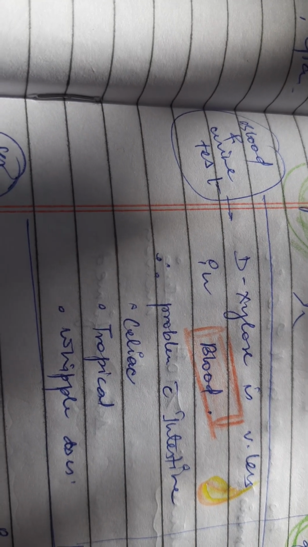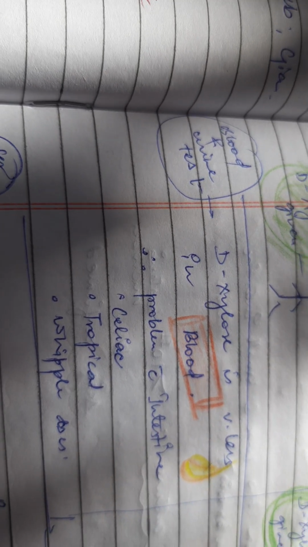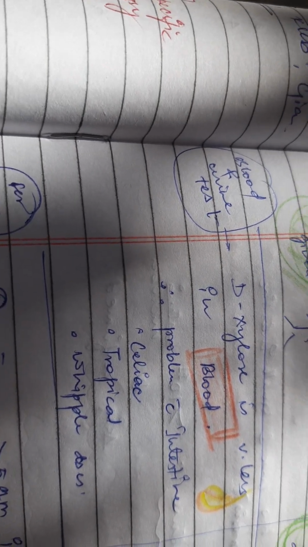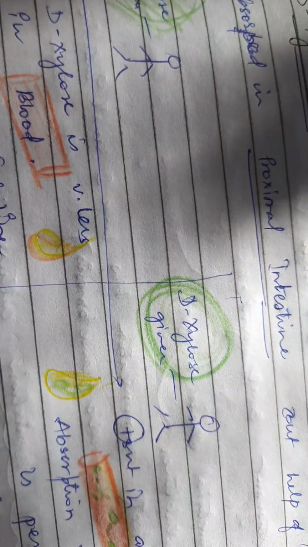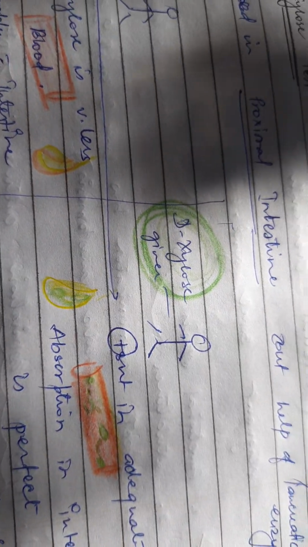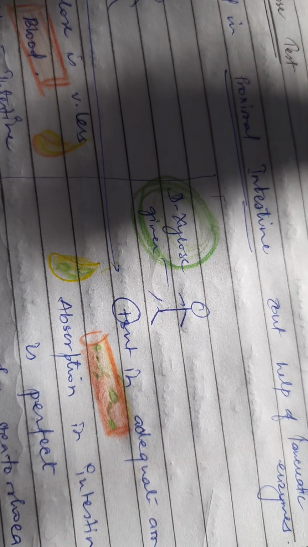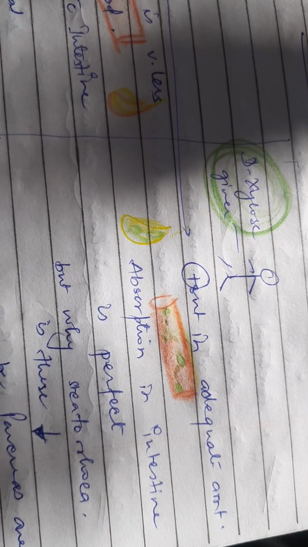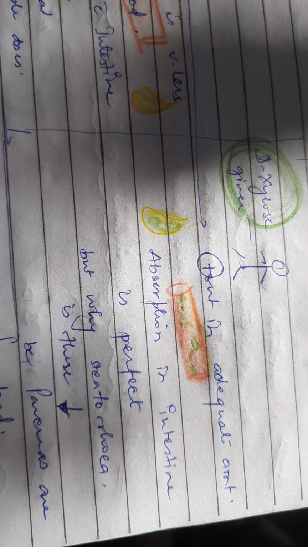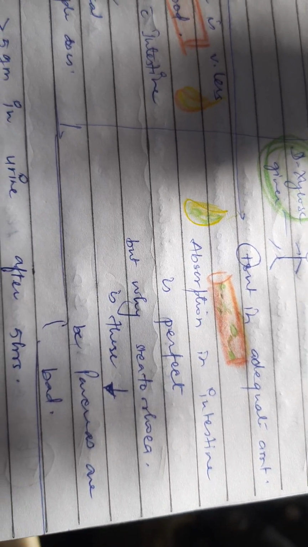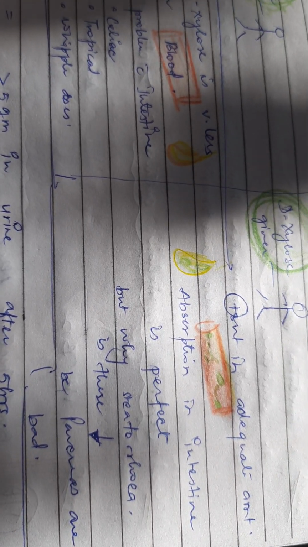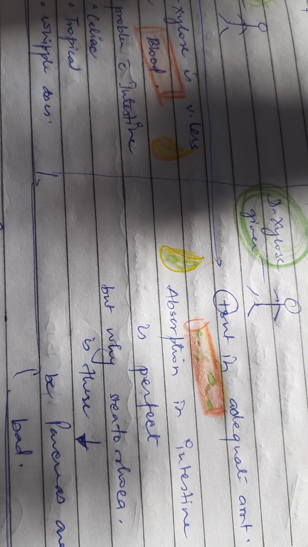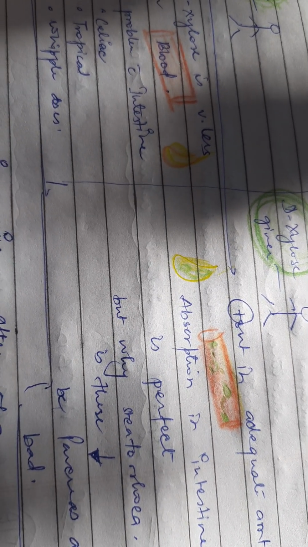So we can conclude that the person has some intestinal problem like celiac disease, tropical sprue, or Whipple's disease. But if we have given D-xylose and it is coming in urine and blood in adequate amount, then absorption in the intestine is perfect.